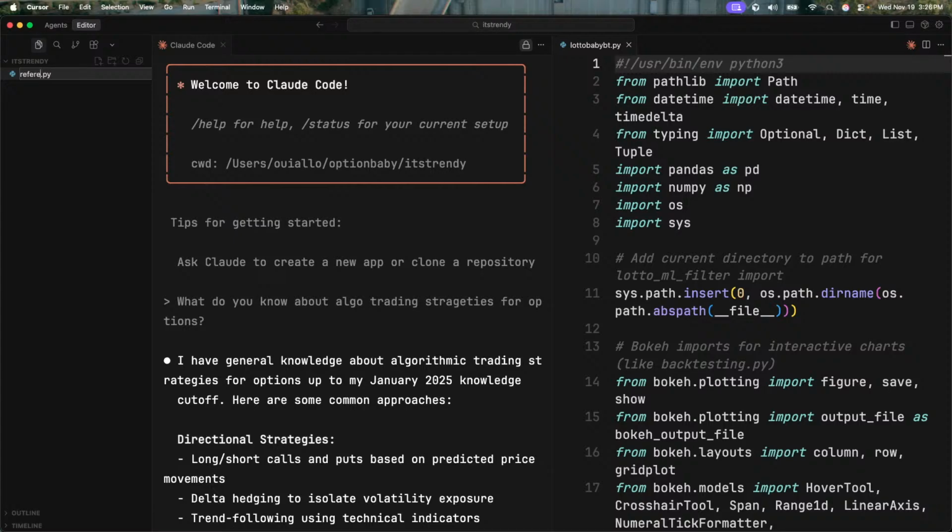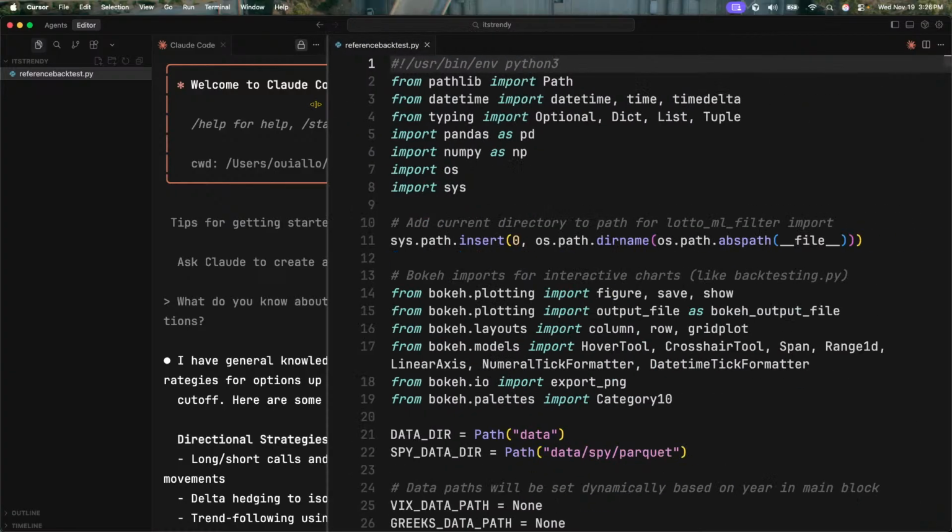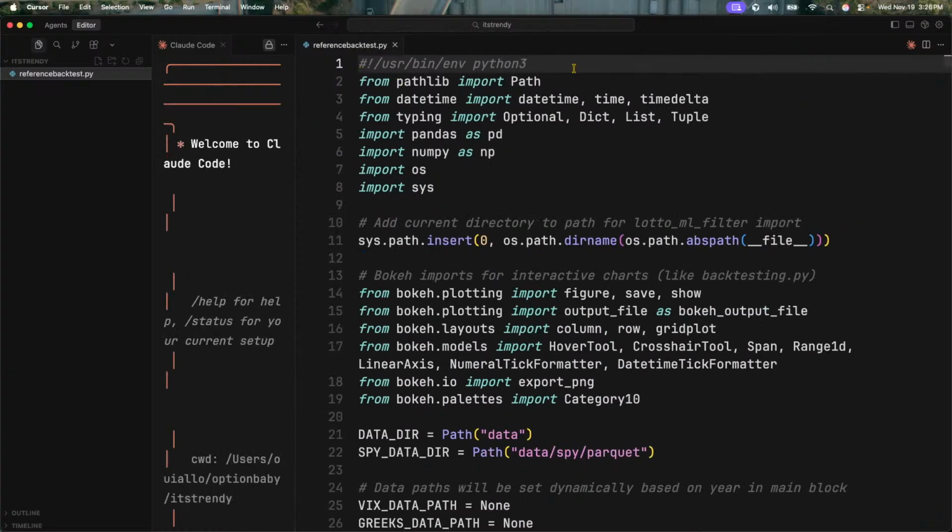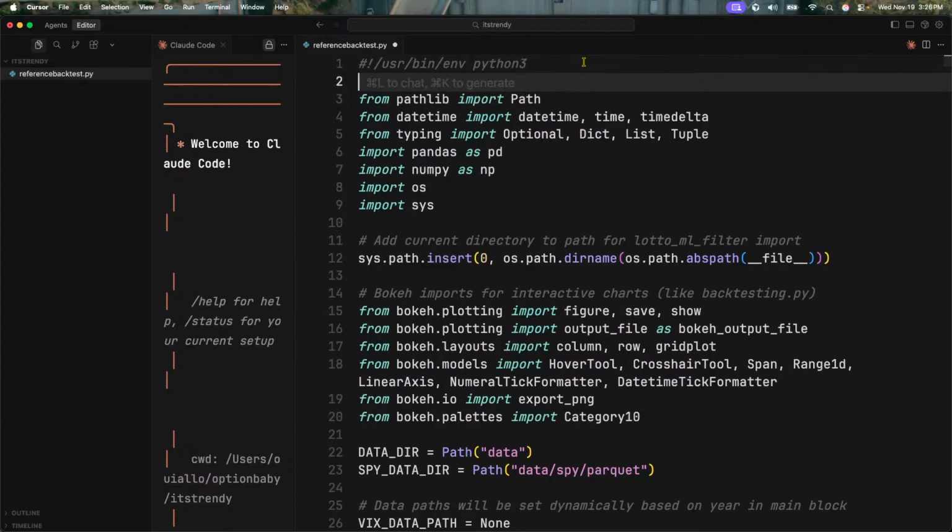Say reference back test. Then what I'm also going to do, because even though they can hallucinate, I'm going to say this is a reference back test, a reference for developing back tests for option algo strategies.